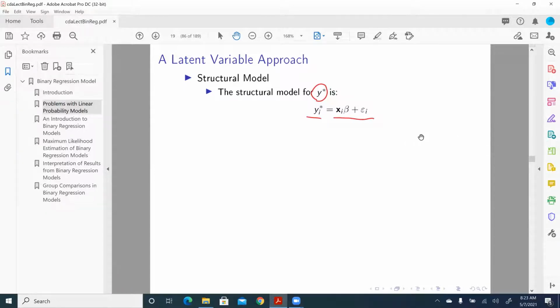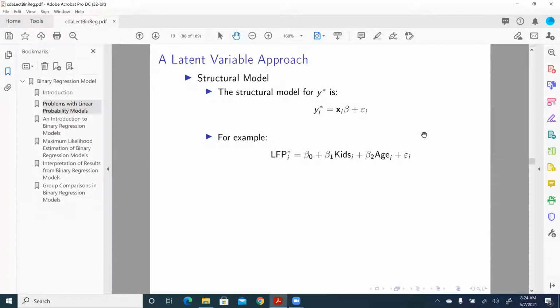And x here denotes the vector of predictors. Beta is a column vector of slopes plus the intercept usually. Not necessarily we have to have an intercept, but usually. Then epsilon is the disturbance term, which is a collection of factors that somehow are not taken into account in our analysis.